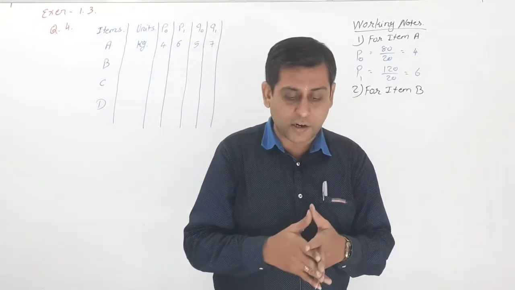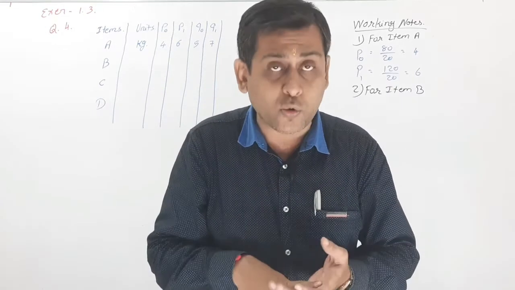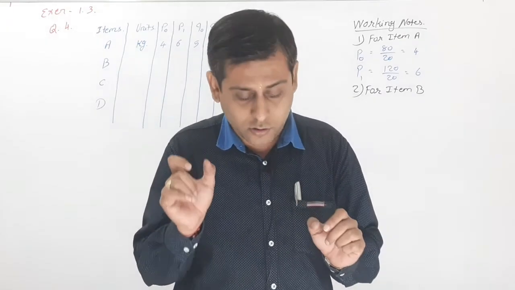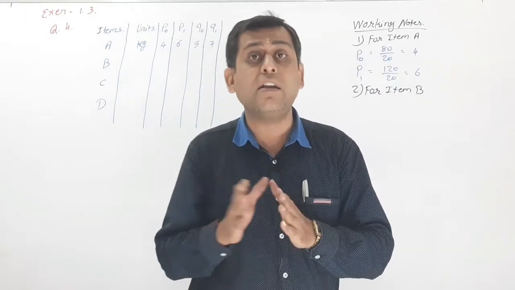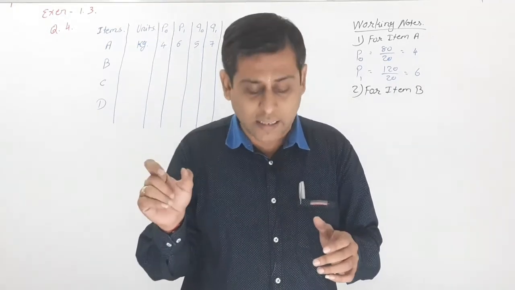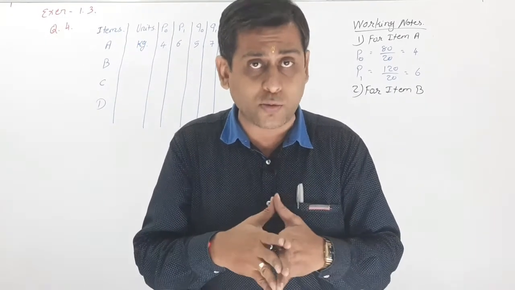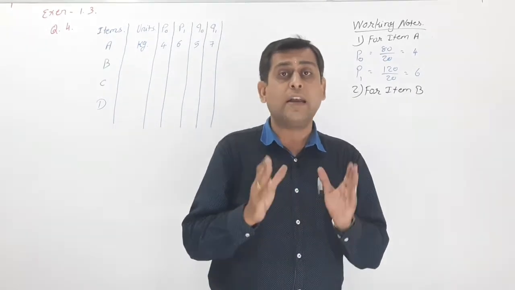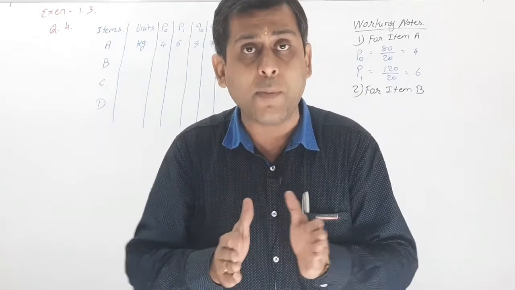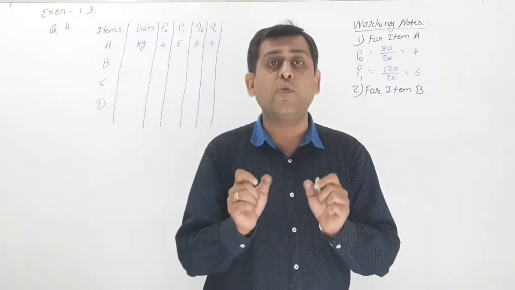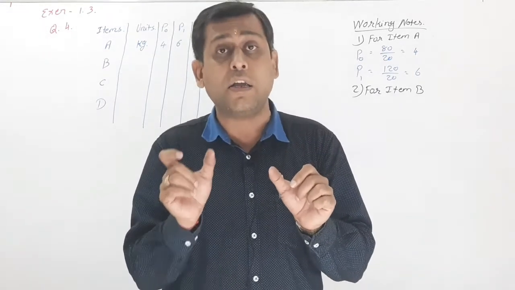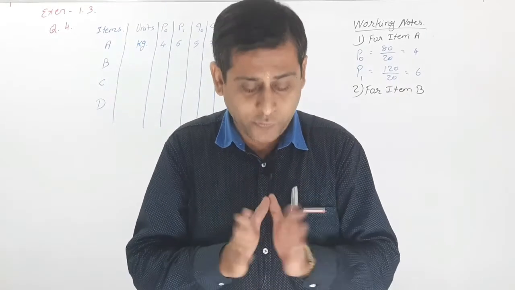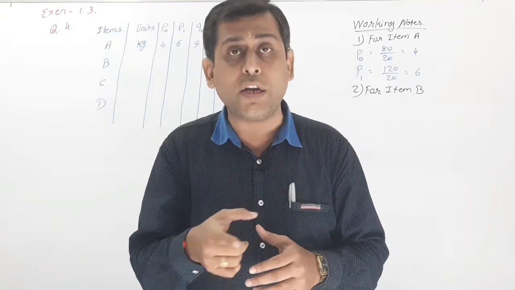In this item B, quantity is given as 2400 gram and 4000 gram, and in the price column 20 and 24 are given. At the time of converting kg into gram or quintal into kg, whichever has the highest amount, we have to convert that particular one. Okay, so here we are converting the quantity.